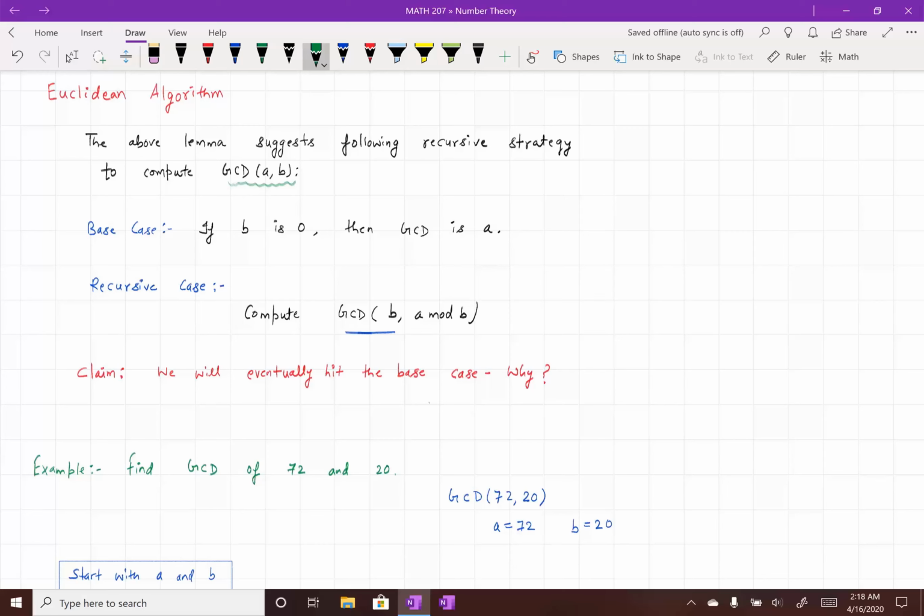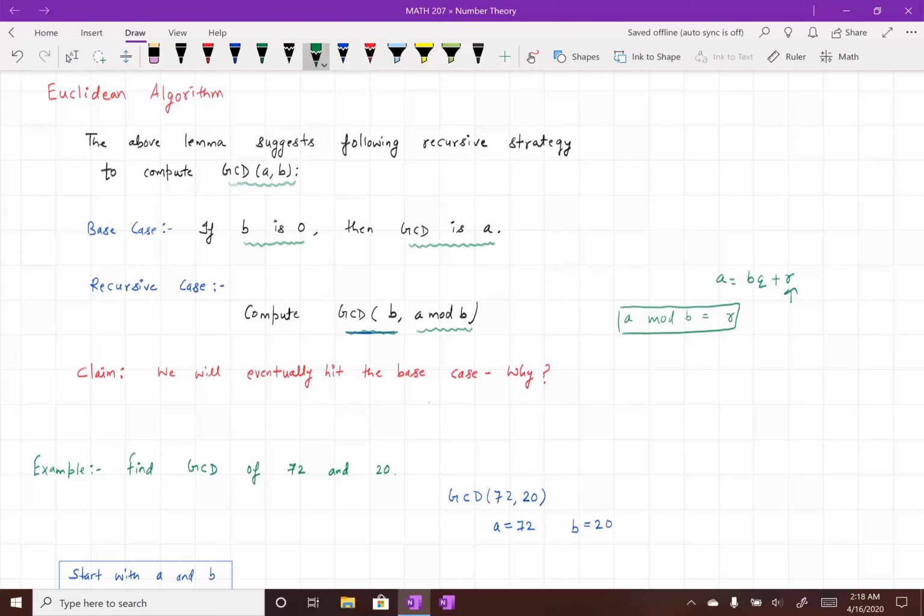If B is 0, then the GCD of A and B is equal to A. Otherwise, you call this recursively and compute the GCD of B comma A mod B. In that case, you are updating the values of A and B, and A mod B is your remainder when you write A as B times Q plus R. Thus the remainder R is basically your A mod B.